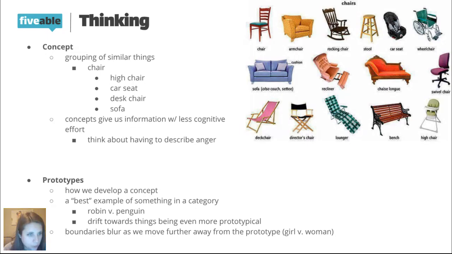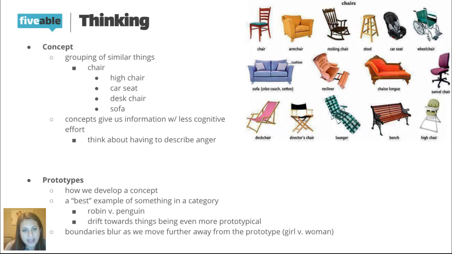Not a lot of people's prototype or best example of a bird is a penguin, because they waddle, they don't really fly, and they live where it's really cold, and most birds don't. That doesn't mean a penguin is not a bird, but your prototype is probably of a more general concept like a robin or a sparrow or a crow.